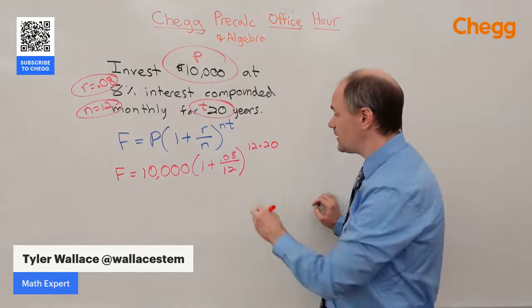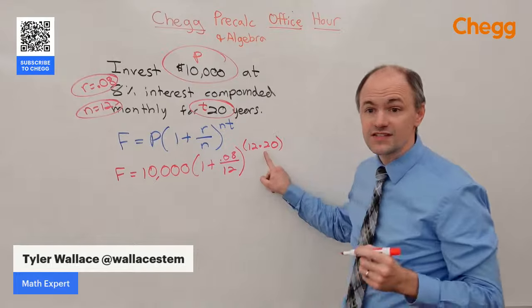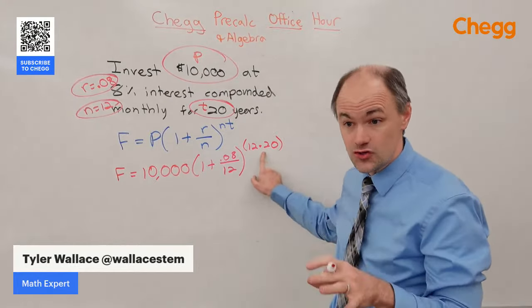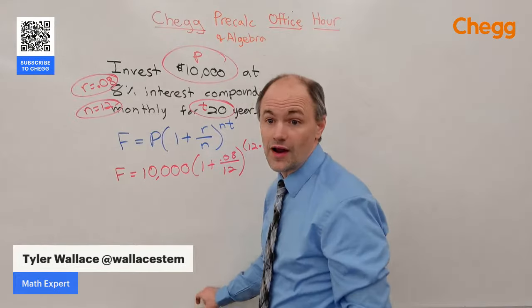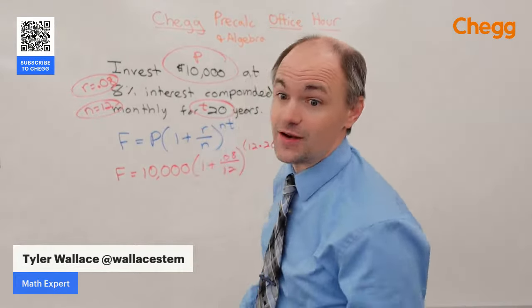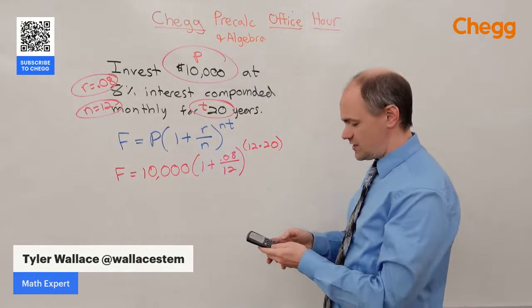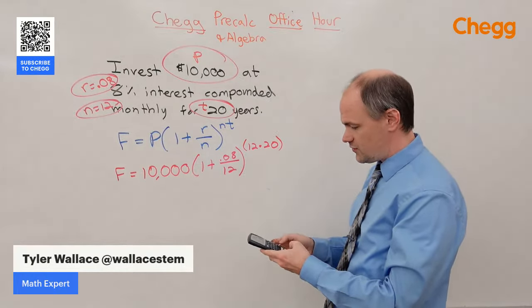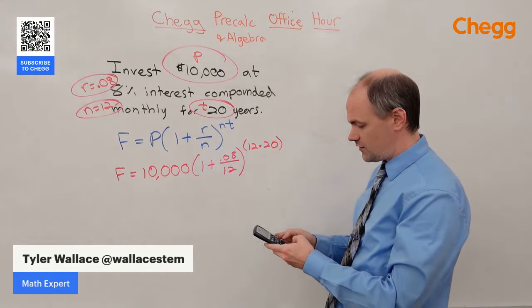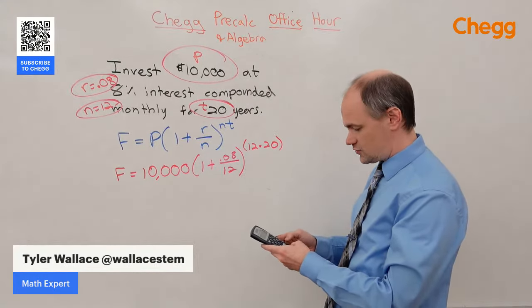It helps, by the way, to put this exponent in parentheses because a lot of calculators will get you in trouble if you don't. So please do. And then we go to our handy-dandy calculators because I cannot do that in my head. Let's see what that's going to equal. We've got $10,000 times 1 plus 0.08 divided by 12, and then we're going to raise that to the 12 times 20 power.